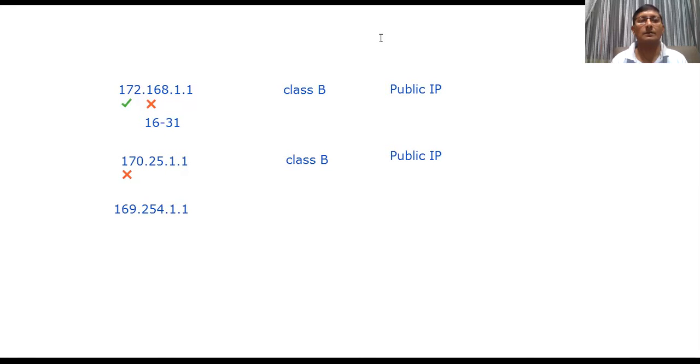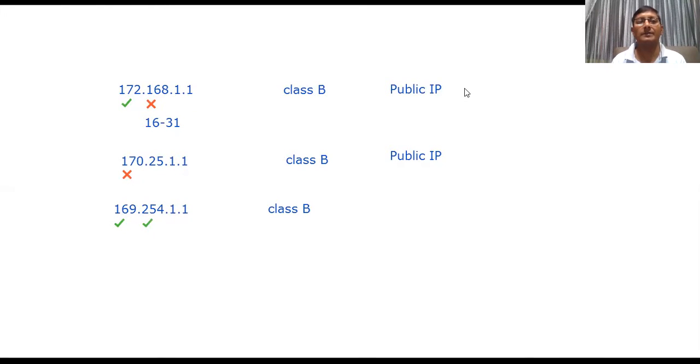So what is the class here? Class B. Now is it private or public? Private. You should not say private. You should call it APIPA. The APIPA condition is 169.254.0.0 to 169.254.255.255.